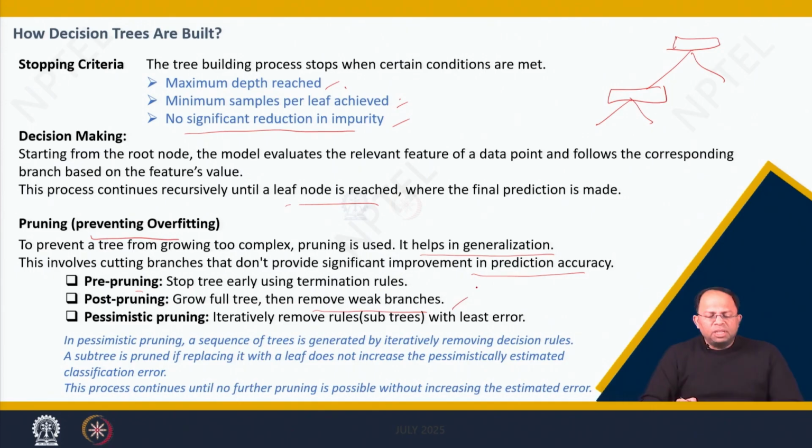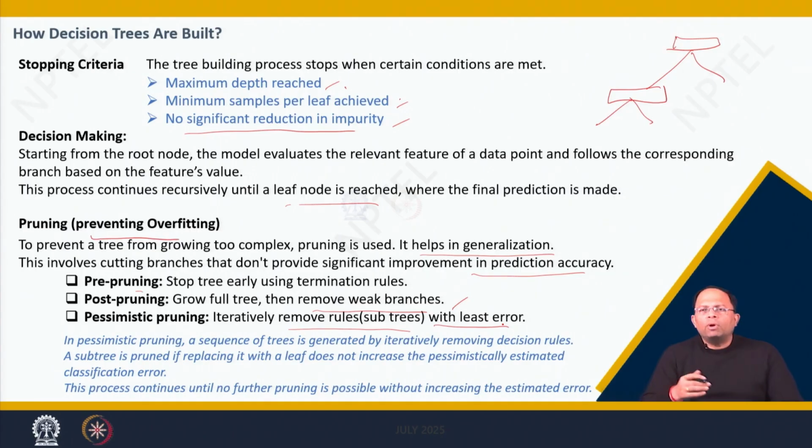And then there is pessimistic pruning, where we iteratively remove some rules, that is, some of the subtrees which have the least error reduction. That means those that don't reduce much of the error. We take out one, run the model, and then take out some other. So we do multiple iterations of this and see which one works better.